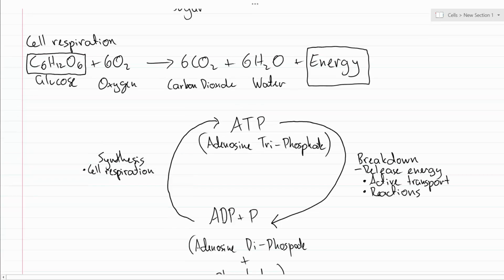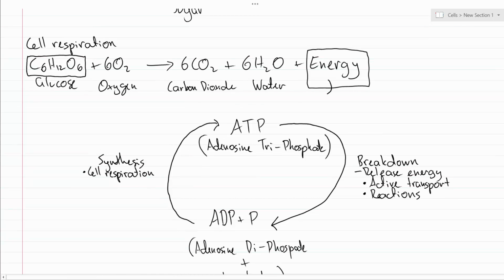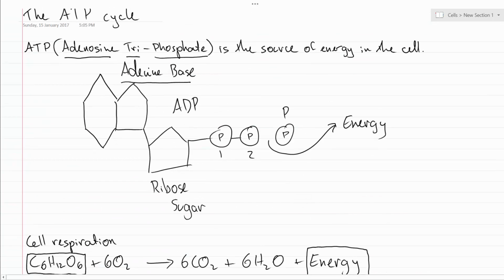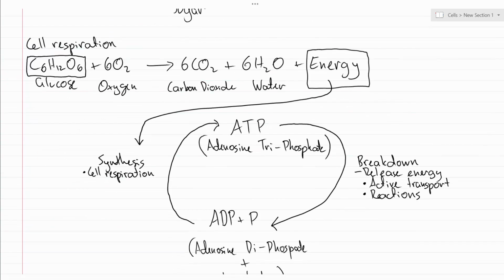So the energy we end up with here from cell respiration is used to reform the bond between the second and the third phosphate groups. So we are able to return ADP and P to being ATP. So you can see how this is a constantly reoccurring cycle.